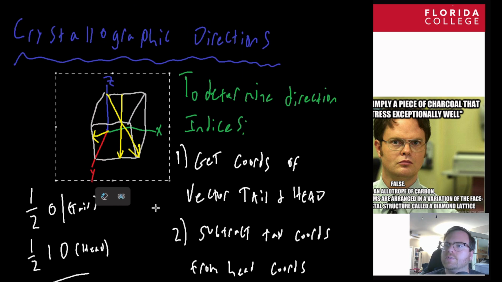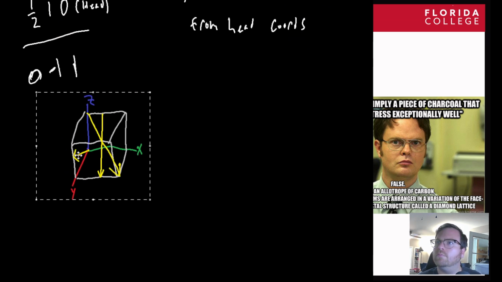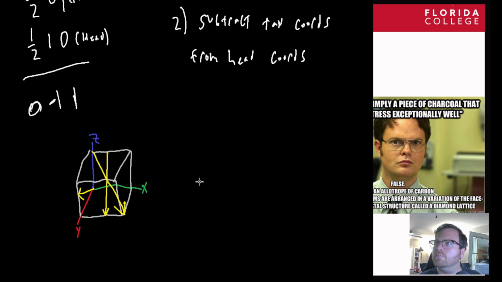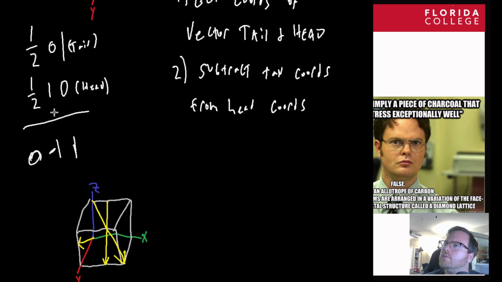So we can keep talking about this using the same frame of reference. So all we've done here is we've subtracted our tail coordinates from our head coordinates. Actually, I'm sorry, the other way.